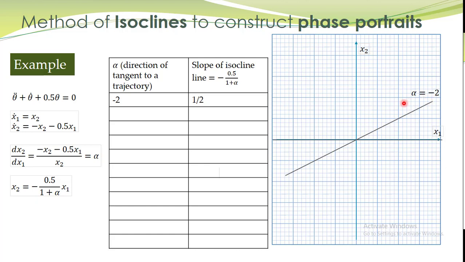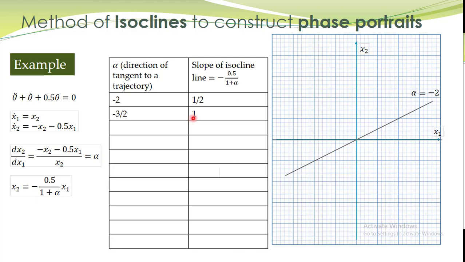So next I take another value of alpha equal to -3 by 2. Again I have taken this value so that it is easier for me to draw the isoclines. For alpha equal to -3 by 2, the slope of this line comes out to be equal to 1. So simply by substitution of alpha equal to -3 by 2 over here, this thing comes out to be equal to 1.